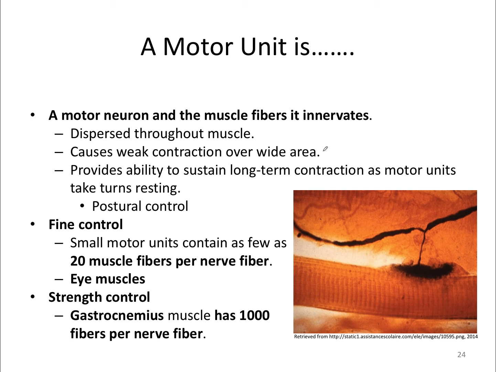So if I'm picking something heavy up, I'm going to generate X number of action potentials to activate X number of motor units. If somebody then sets another thing on top of the heavy thing that I'm already lifting, I'm going to activate more motor units within the same muscle to increase the amount of tension I'm generating.